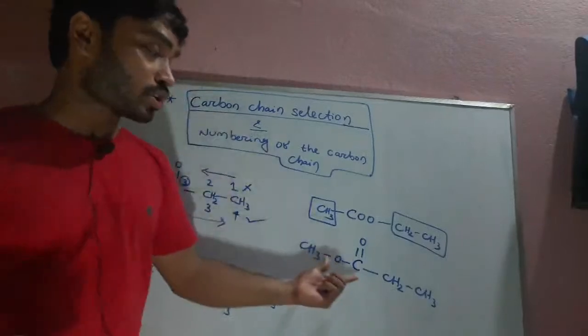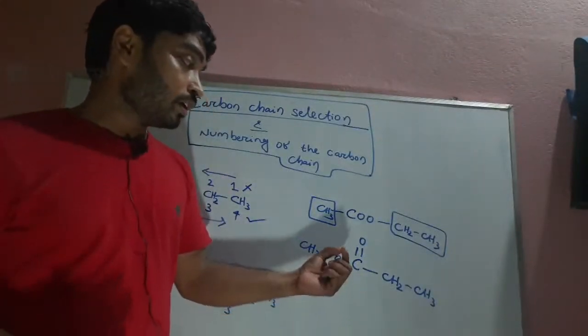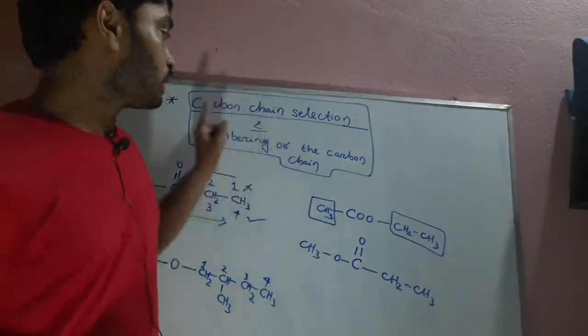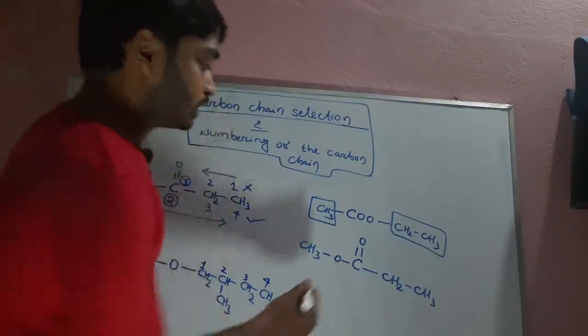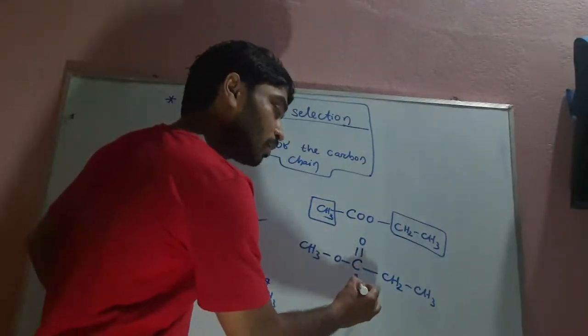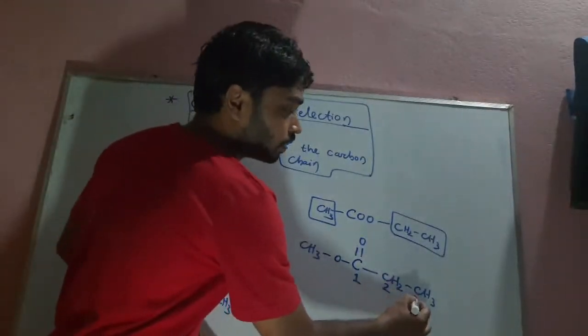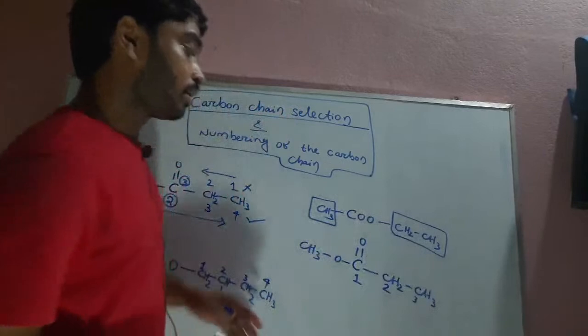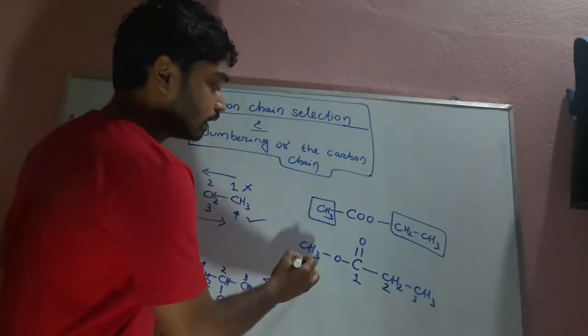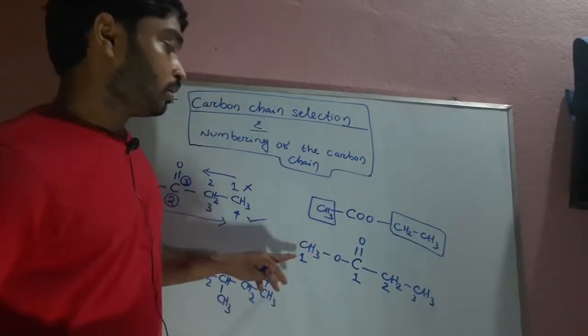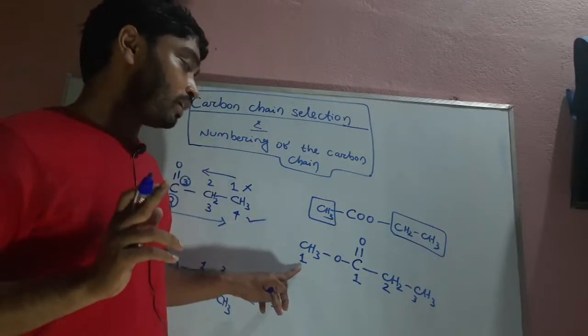So it will be the opening structure of the ester. Then we can go to the numbering section. That means the numbering will start from the carbon atom of the functional group and move in this direction according to the previous rules, and the numbering here starts from 1. You can think why it will be 1.